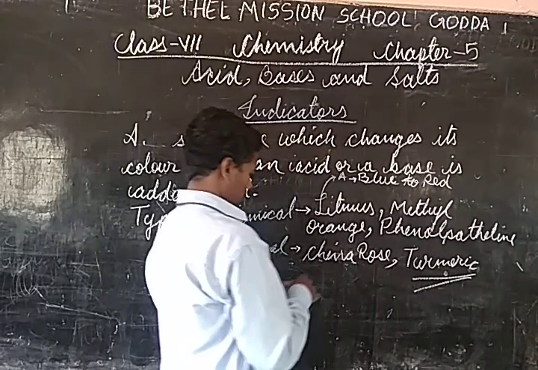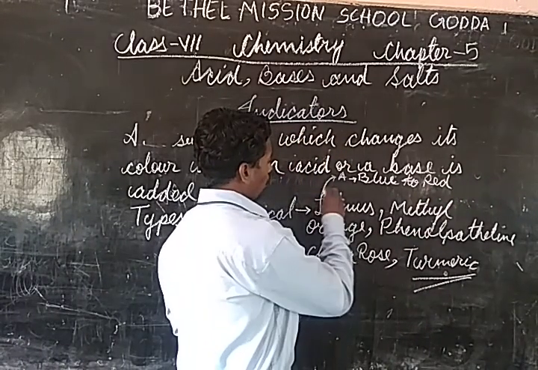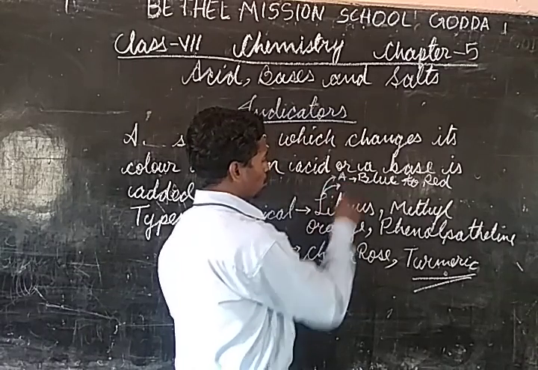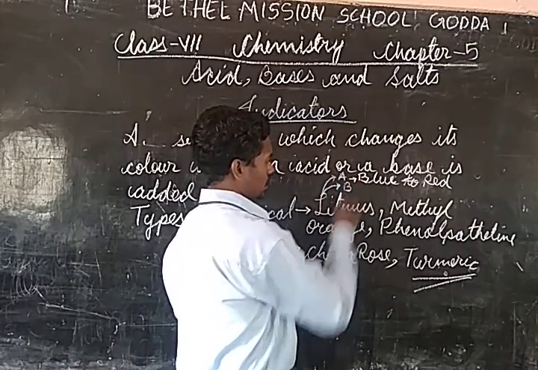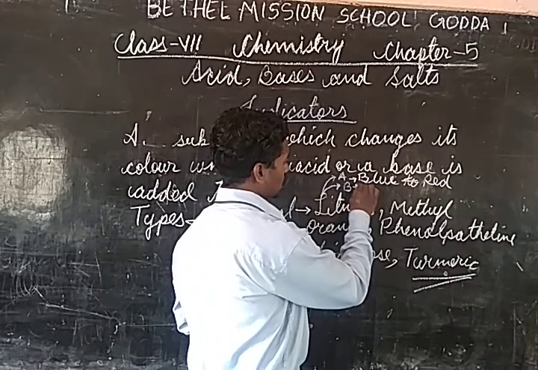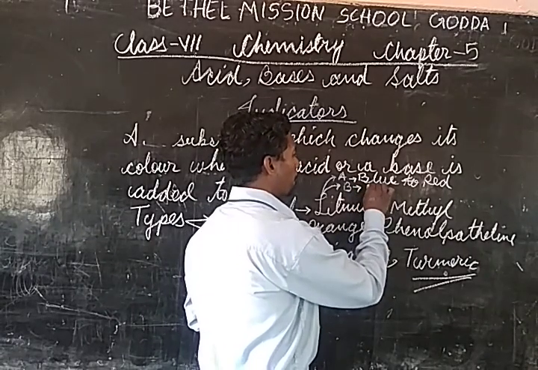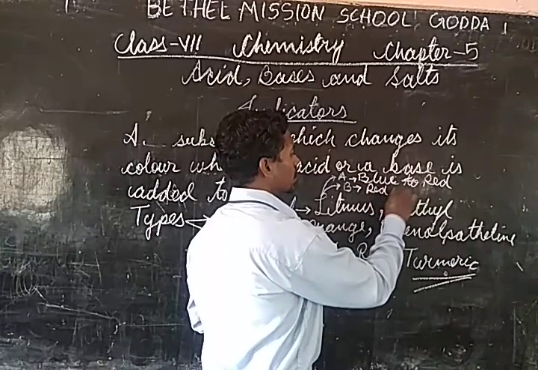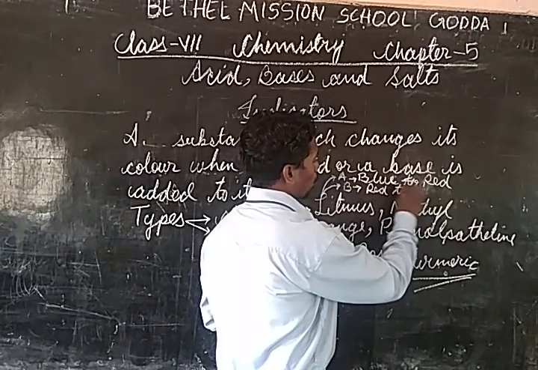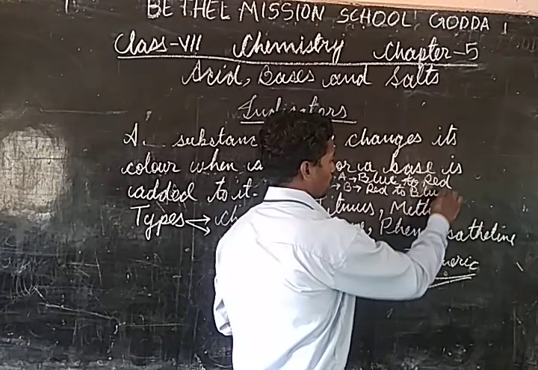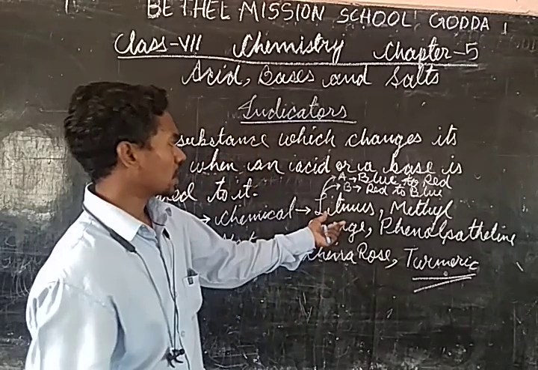And if a base is added, it turns red litmus to blue. So this is the change in the color.